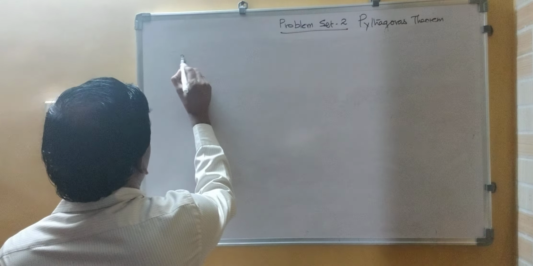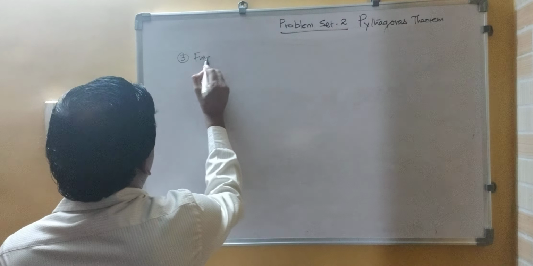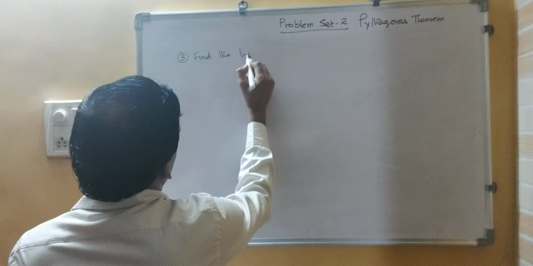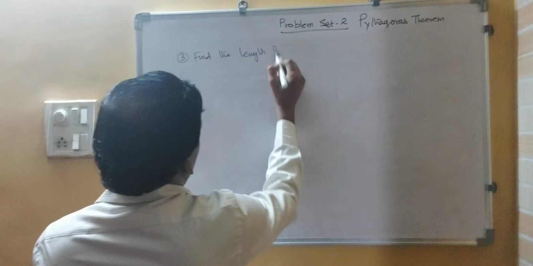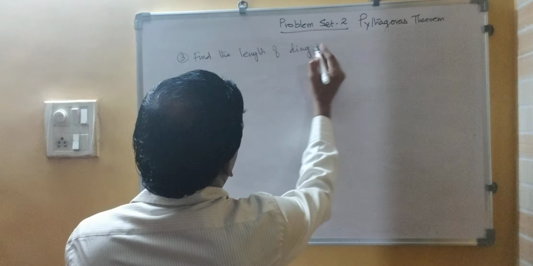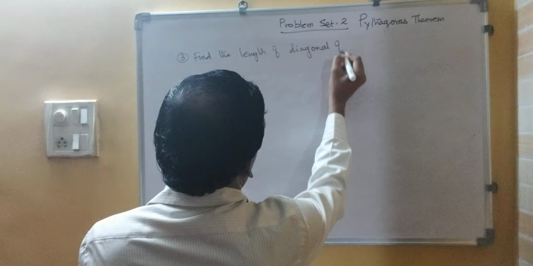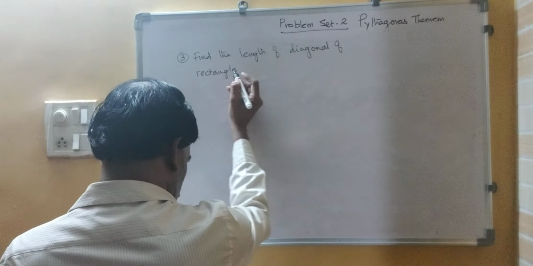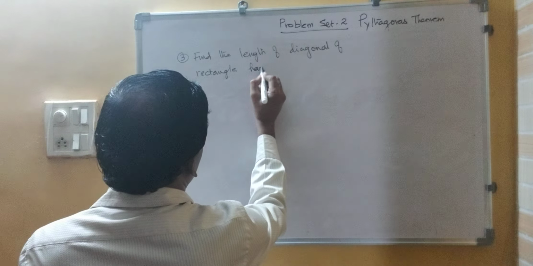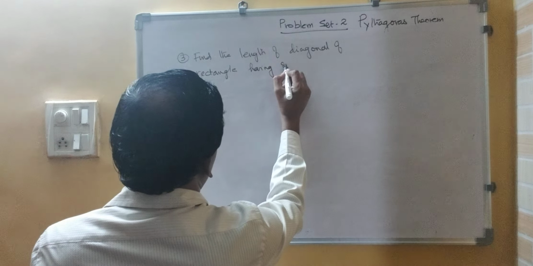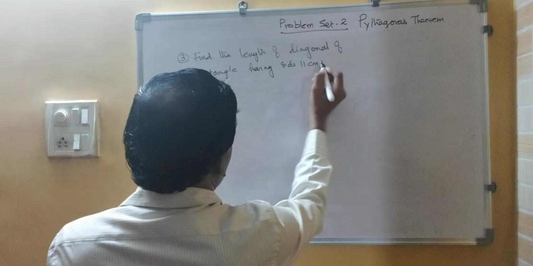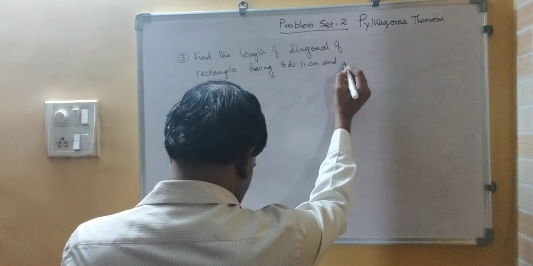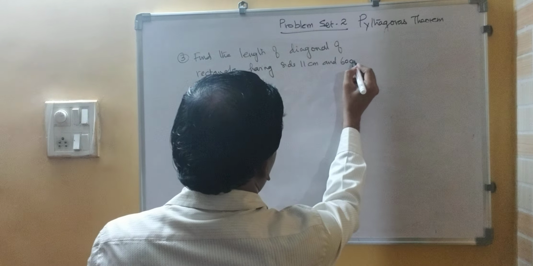Third sum. Find the length of the diagonal of rectangle having side 11 centimeter and 60 centimeter.